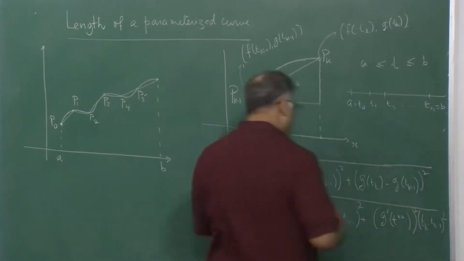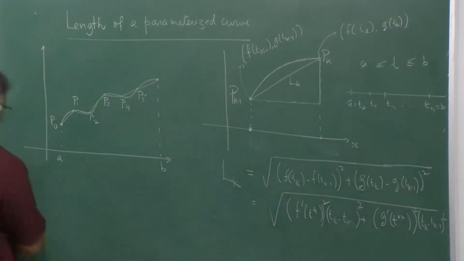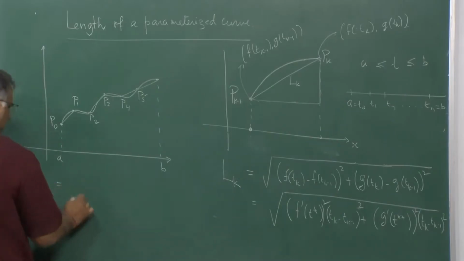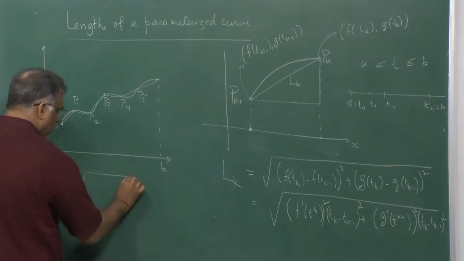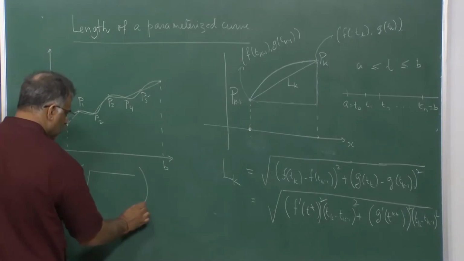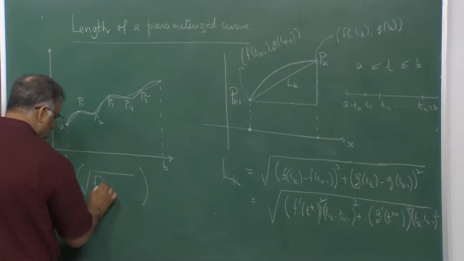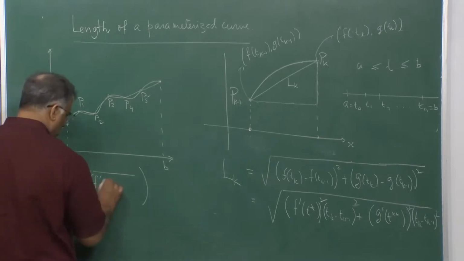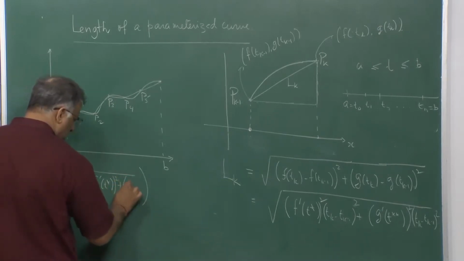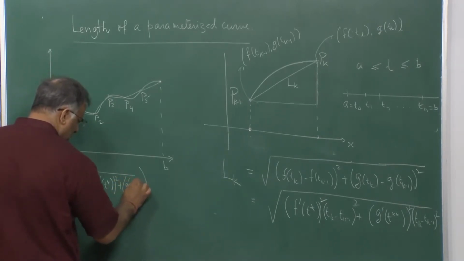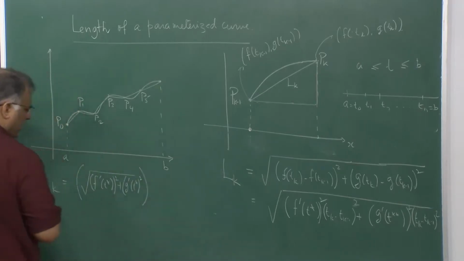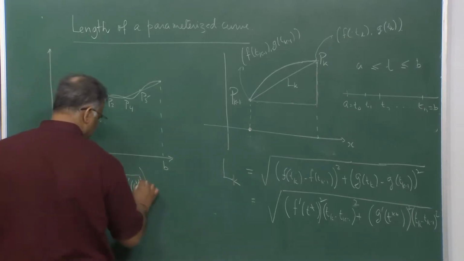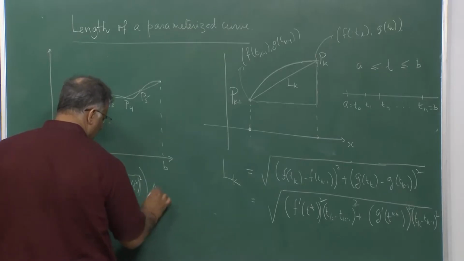If I write t_k minus t_{k-1} as delta t_k, then L_k is nothing but the square root of f dash of t star whole square plus g dash of t double star whole square, into delta t_k.